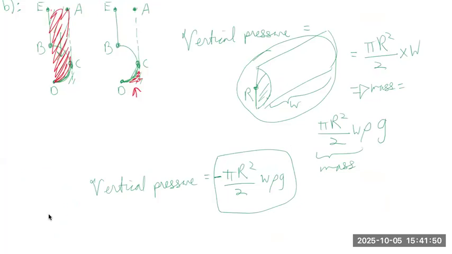However, remember what we just said. The vertical force on a curved surface is represented by the weight of the volume of water above that surface. This is a little misleading because it's also accounted by the weight of the volume of water below that surface.